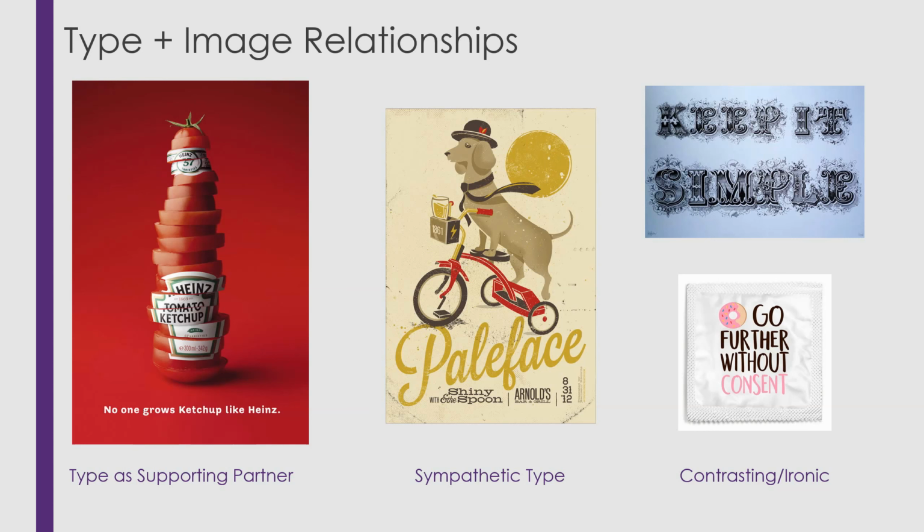That just means that the typeface and the type design is related to and sort of mimicking the visual, right? So it's like a symbol. The color is picked up in the illustration. It has a very hand-done, organic feel to the word Paleface, which seems to go hand in hand with the illustration style of the dog on the tricycle. Because they're working in unison, it's called a sympathetic type treatment. Okay?